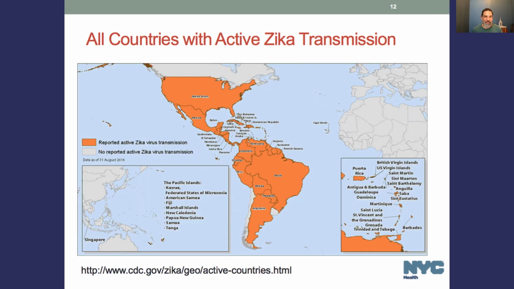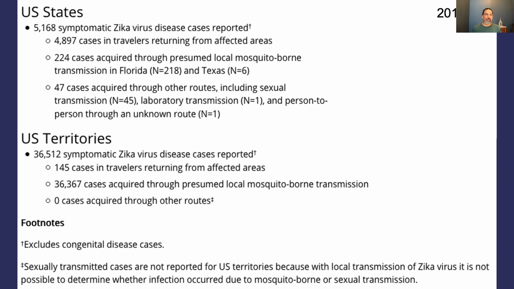So in 2016, this is a map showing the areas that had active Zika transmission happening. By the end of 2016, there were over 5,000 symptomatic Zika virus cases reported, and that included about 4,900 cases in travelers that were infected elsewhere and returning to the US.